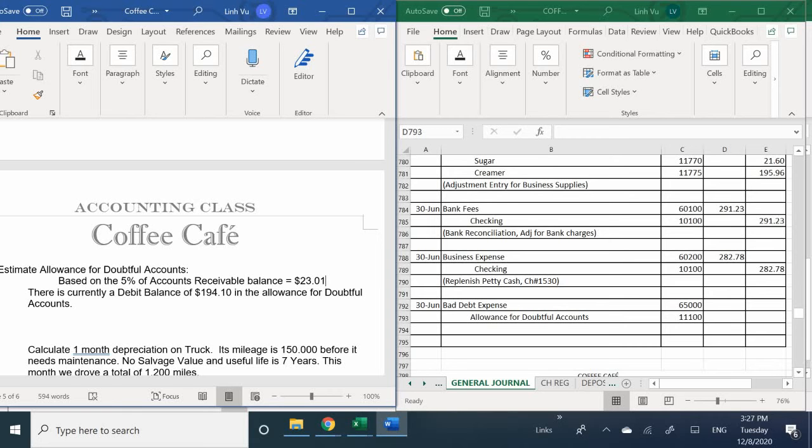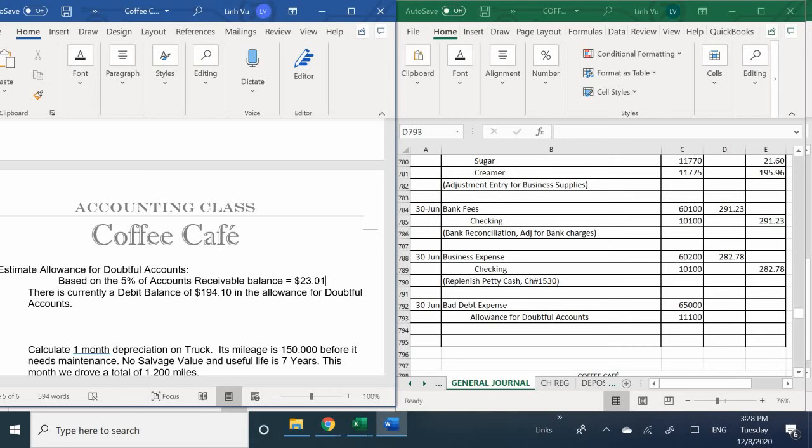So here the estimated amount is 23.01. That is your ending balance. That's what you are trying to get to. Right now you currently have a debit balance of 194.10. How do you get from a 194 debit balance to end with a 23.01 credit balance in your allowance for doubtful accounts? Oh, I see. You take the debit and subtract. No, add.